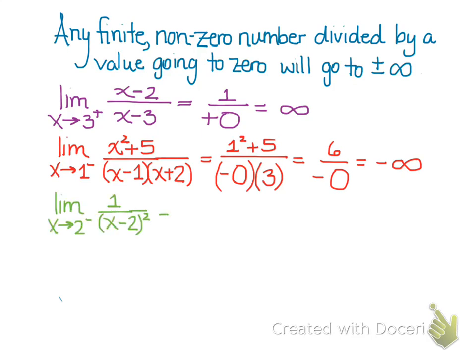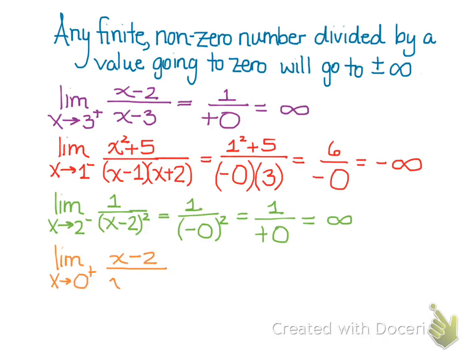If I take the limit as x goes to 2 from below of 1 over x minus 2 quantity squared, I get 1 over a very tiny negative number squared, which makes it a very tiny positive number. So the whole thing goes to infinity.